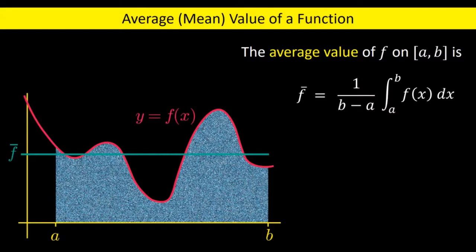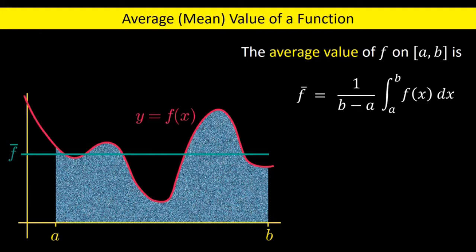Now, let's do the same thing with a function graph of a function f. The average value of the function on the interval AB is what we want to define. And to understand this concept, you should imagine that the area under the curve is like the sand hills in an ant farm.